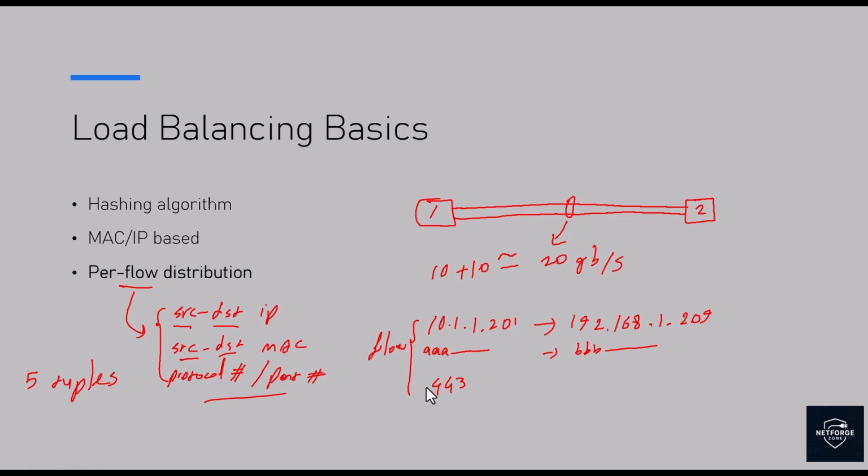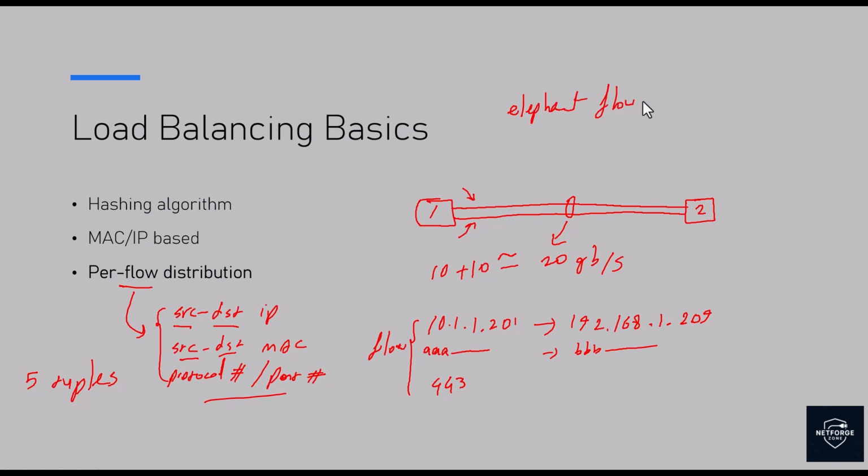Are the flows the same size? Actually, no. Based on some hashing mechanism, the switch is going to decide this flow is going to go on this link, the other flow is going to go on the other. Some of the flows are called elephant flows.